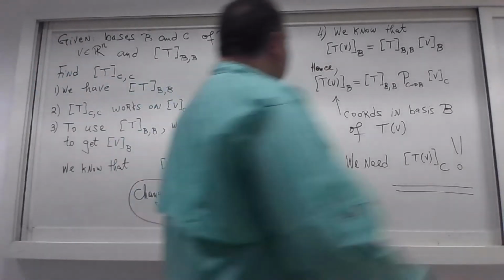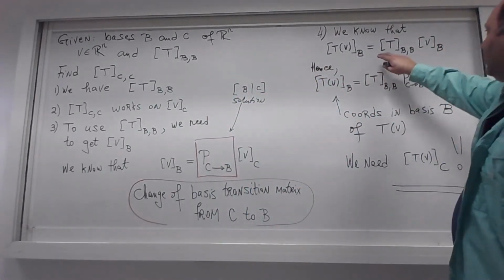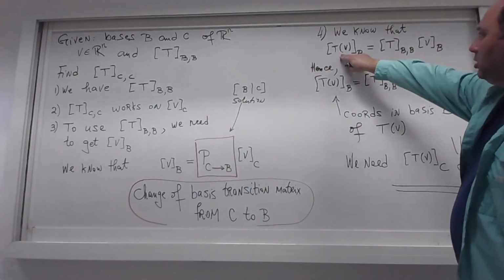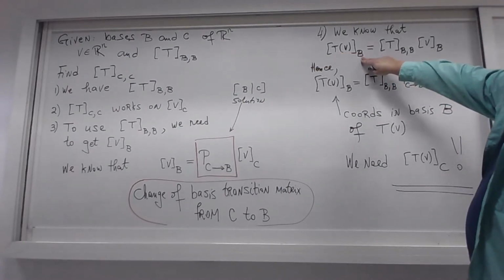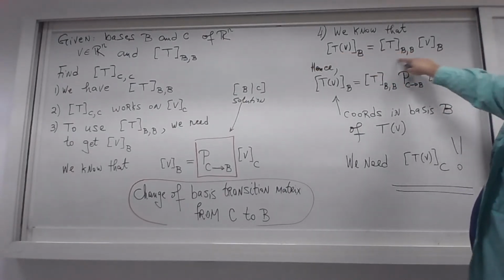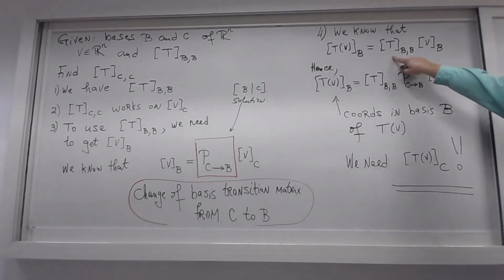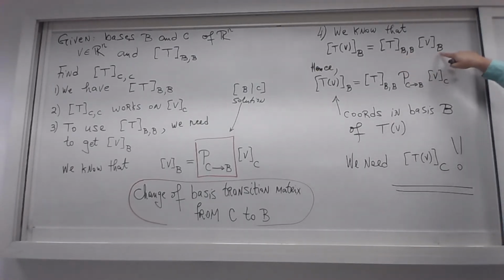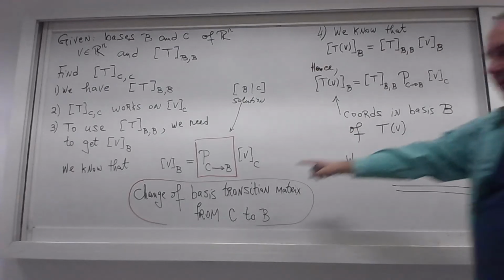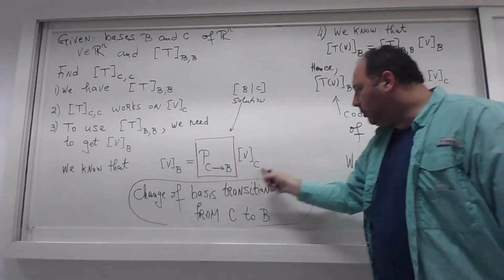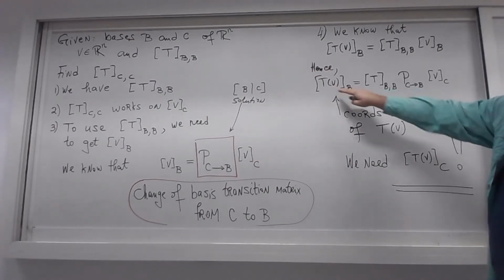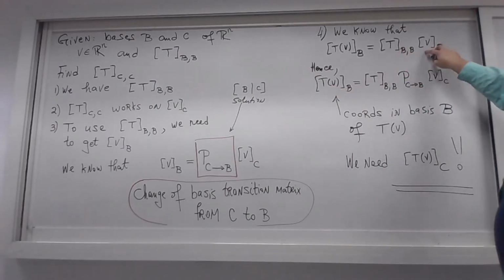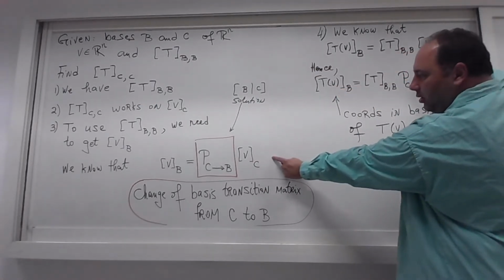Okay, so we also know that the image of V under the action of T in coordinates of B is given by this product, obviously: representation matrix times the coordinates of the vector in basis B. But we know that these coordinates, ta-da, they're given here. So for T of V in basis B, I replace this guy by this expression here.